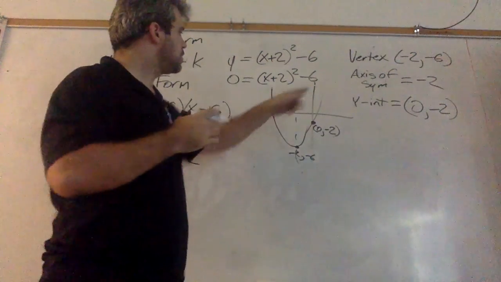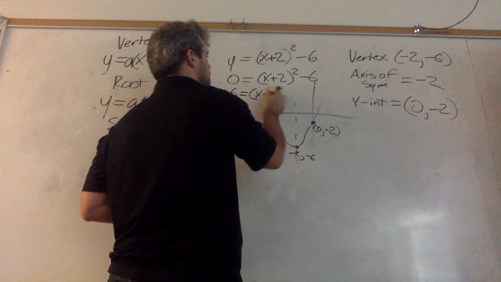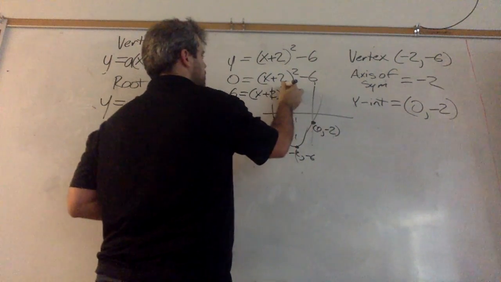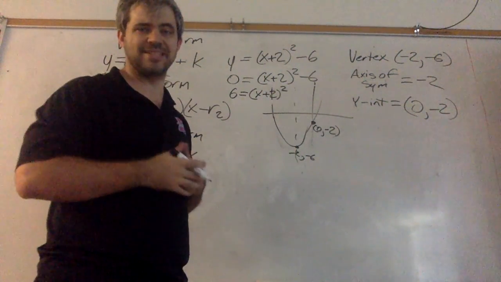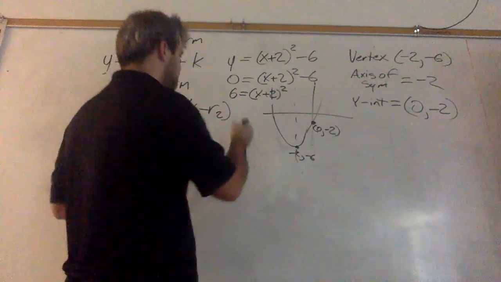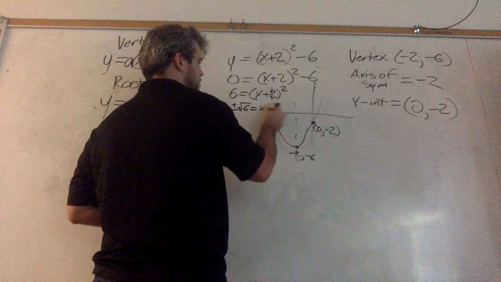So add 6. We have x plus 2 squared isolated, so we can square root both sides. So plus or minus square root of 6 equals x plus 2.